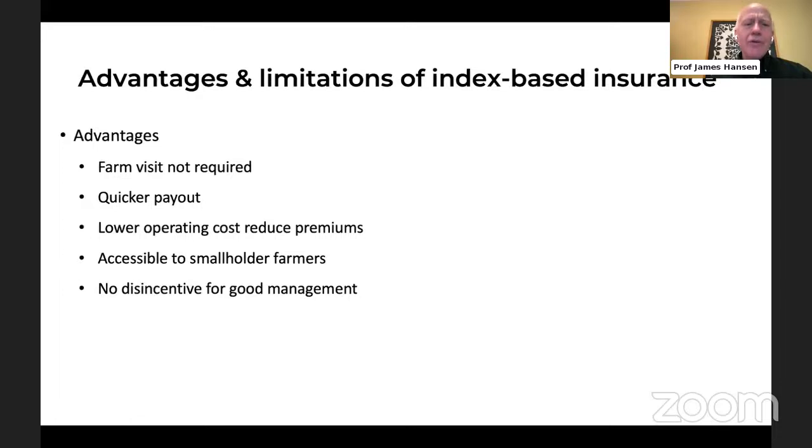Index insurance also does not create a disincentive to good management or an incentive to neglect their crops, but traditional insurance perhaps does.